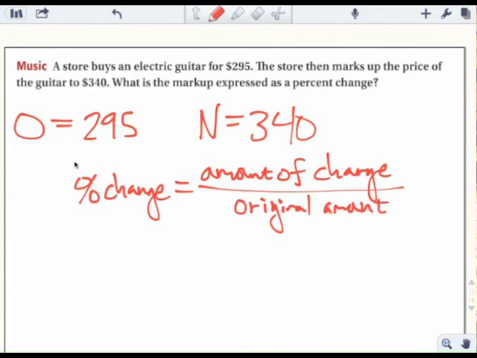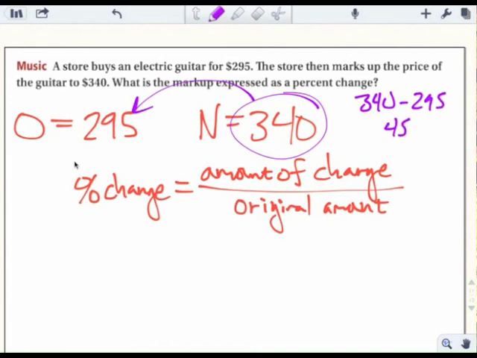Now the amount of change, well, let's see, how do we find that? Well, we ended up at 340, we started at 295, so we simply subtract those. 340 minus 295 is 45. So the price went up by $45. That is what goes in the top of our fraction, $45.